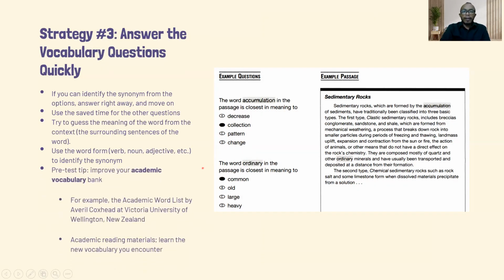And remember, before the test, improve your academic vocabulary. Okay. Now, you can do this by using flashcards, the conventional physical paper flashcard.